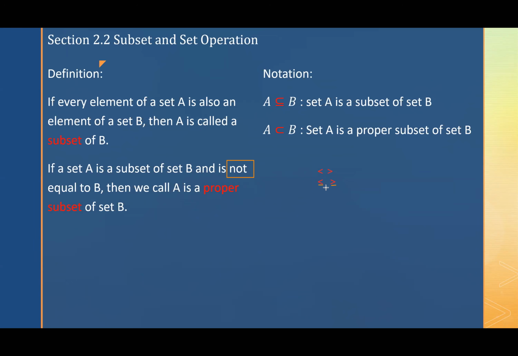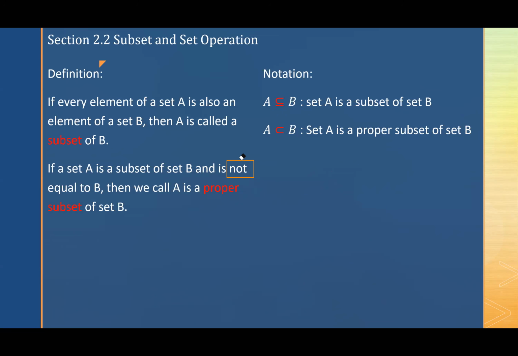The same concept applies: if you have an underlined C, the two sets can be equal to each other, meaning they are subsets. If you don't have the underline, they can only be a proper subset, meaning the two sets cannot be equal.